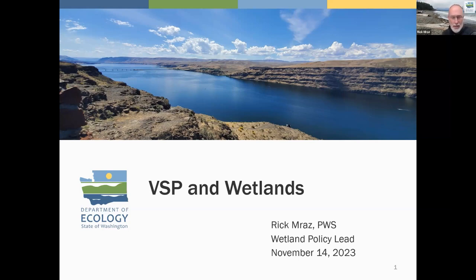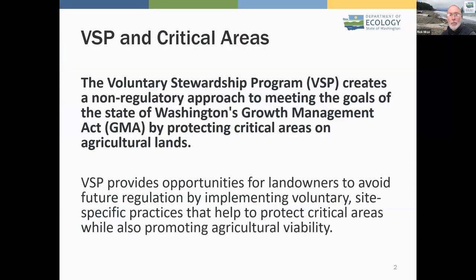So it's in that context that I'll talk a little more about wetlands, because wetlands are one of the critical areas in growth management. I think we all know about this part and how it works. Basically, the idea behind growth management is that local governments have to designate and protect critical areas.